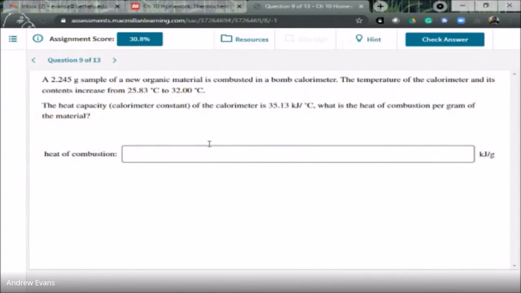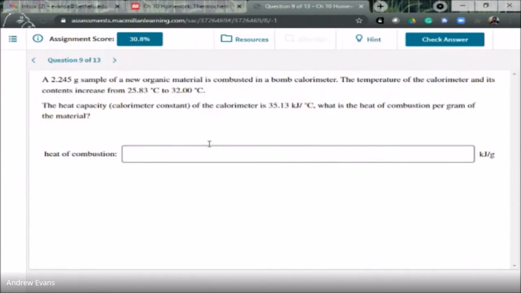This one, another one that might be a little tricky, so we'll look at it. A mass of 2.245 gram sample of organic compound is burned in a calorimeter. The temperature goes from 25.83 to 32.